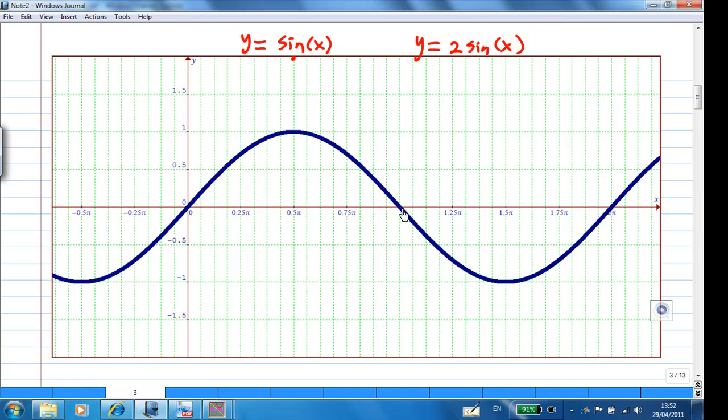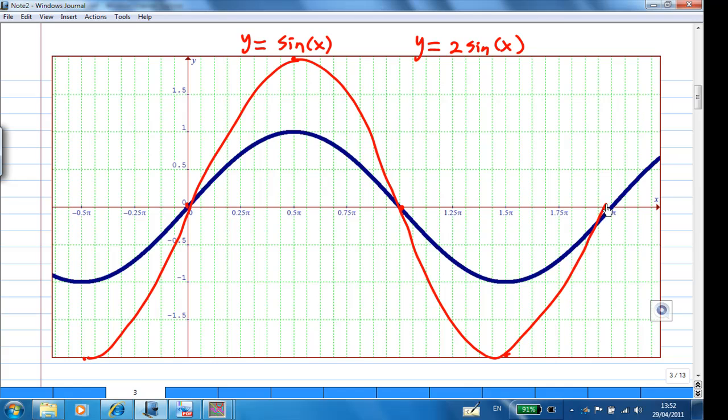So you are going to get something like this after you multiply all the values of y by 2. So 1 becomes 2, minus 1 becomes minus 2, 0 becomes 0, and so on. This is the graph after you multiply all the values of y by 2.